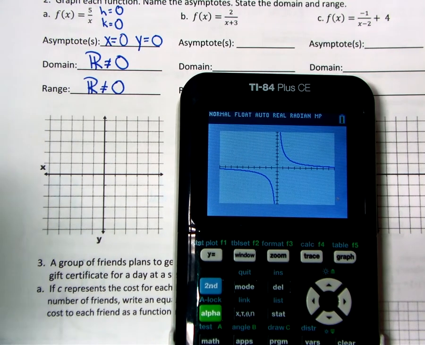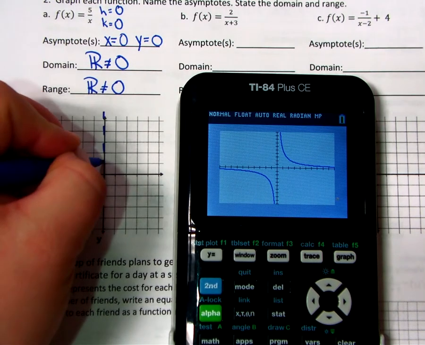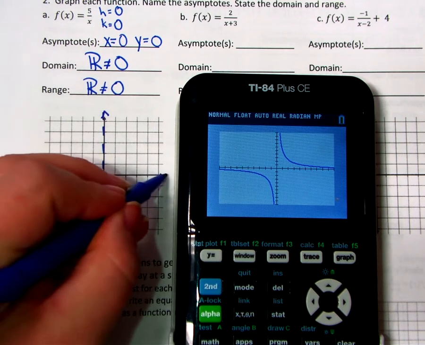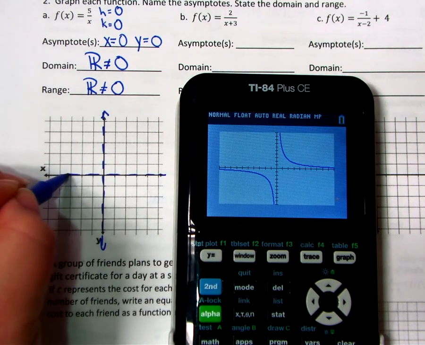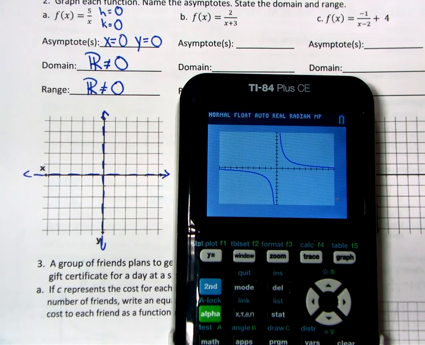Remember, we do that with dotted lines. If you're using a pencil, make sure that your dots are dark enough that I can tell where they're at. If you use a solid line, that indicates that it's part of the graph, and that's not really what's happening. So make sure that you are using dotted lines.